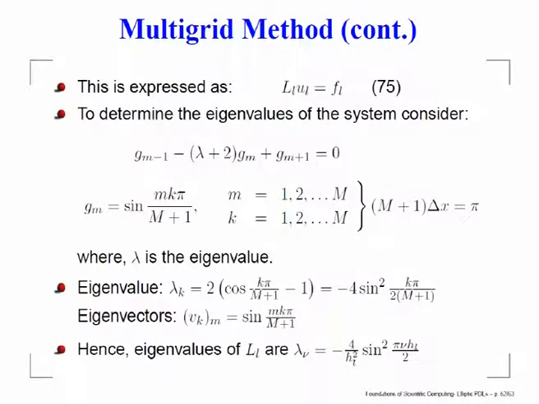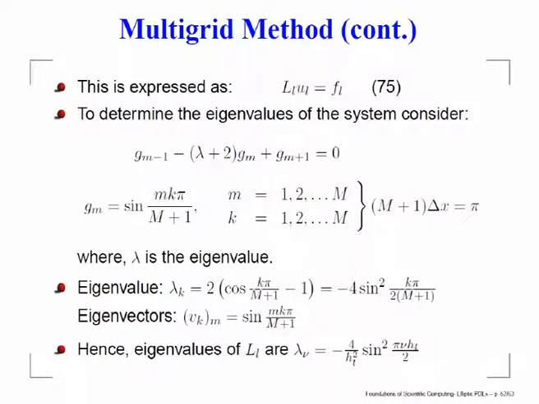So we are looking at the mth row, and k is the one that, even for that single row, I can have all possible eigenvalue combinations for k ranging from 1 to N.